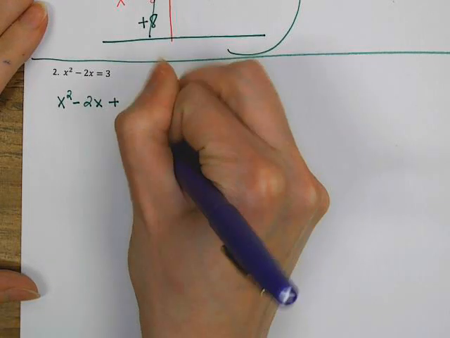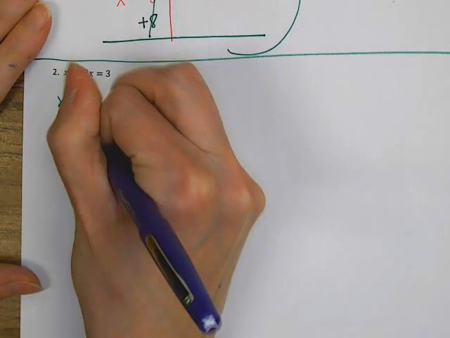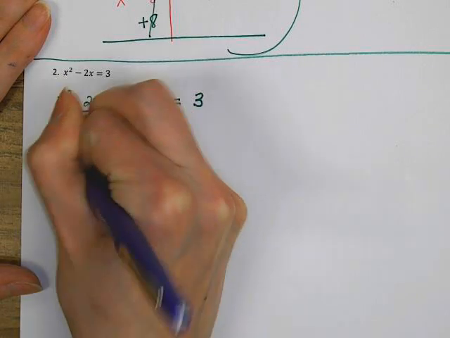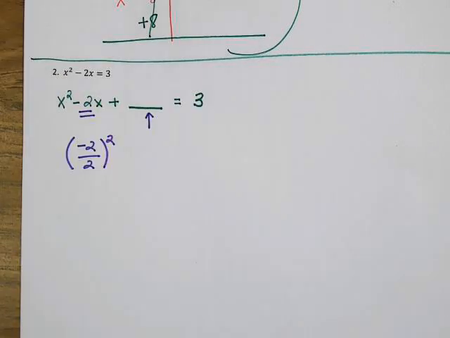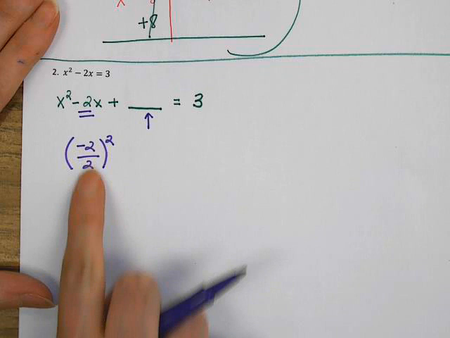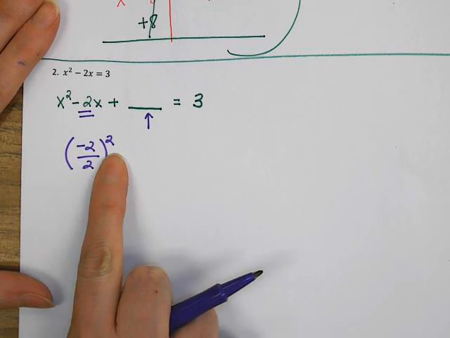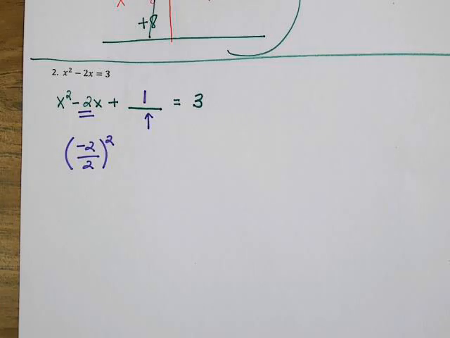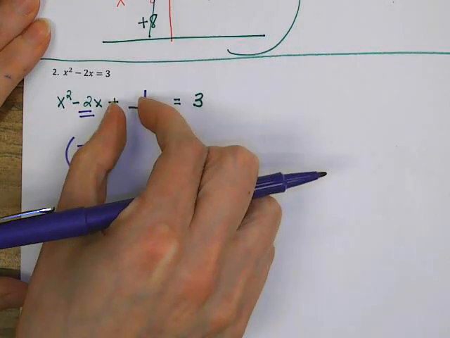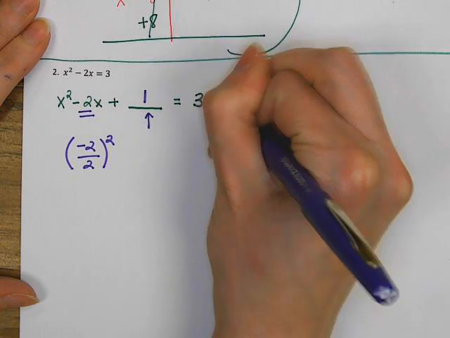To find the special number, remember we take b divided by 2 squared. Okay, what is that? Well, negative 2 divided by 2 is negative 1. Negative 1 squared is 1. So our special number is 1. But to balance out the equation, if we add 1 to the left, we need to add 1 to the right.